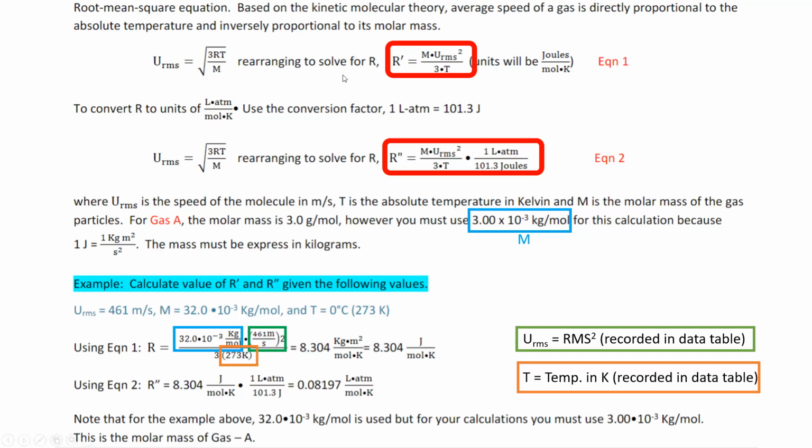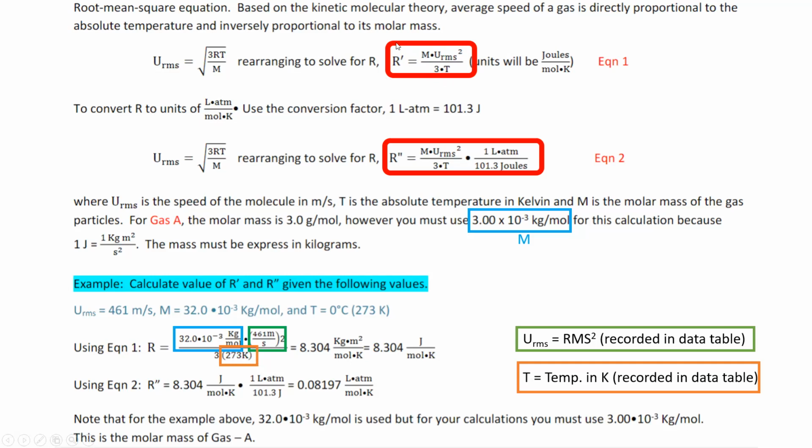So rearranging this equation for R, we have R is equal to the molar mass times the root mean squared value squared, divided by 3 times the temperature.